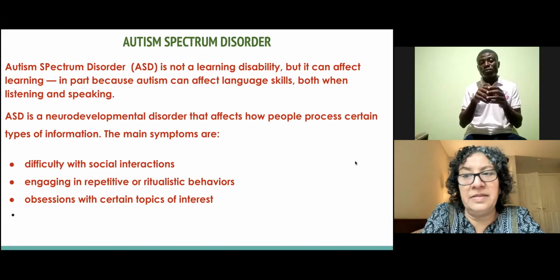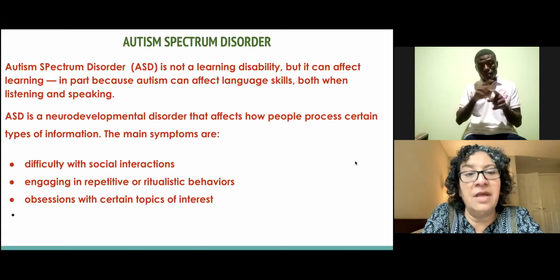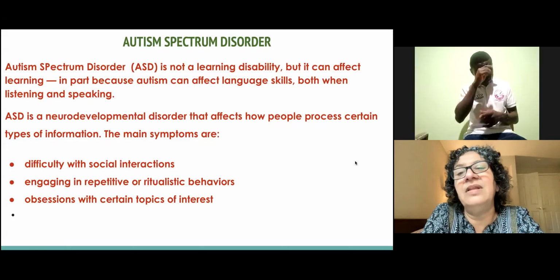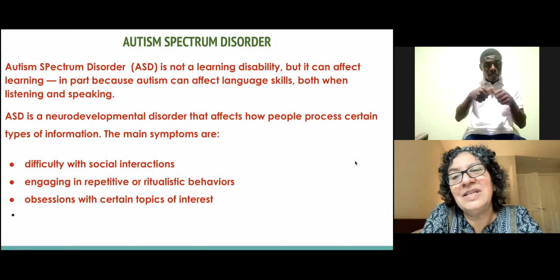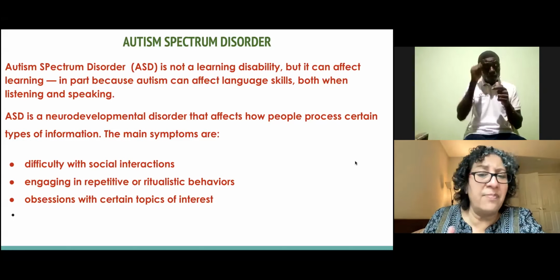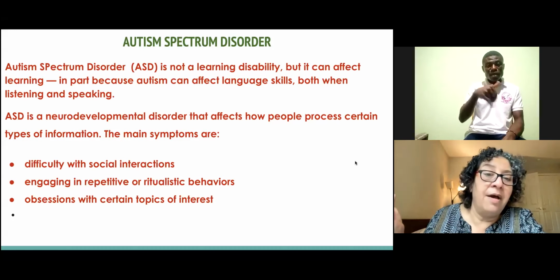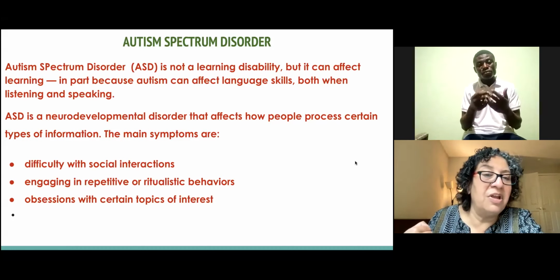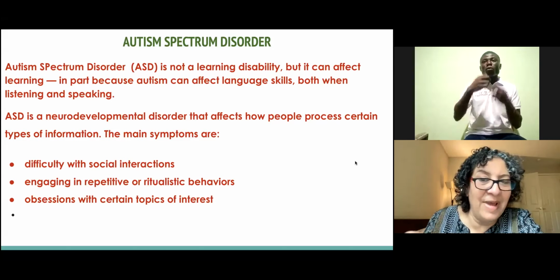It's not a learning disability, but it can affect learning, in part because autism can affect language skills, both listening and speaking. Autism spectrum disorder is a neurodevelopmental disorder. Again, learning disability also has a neurological base.